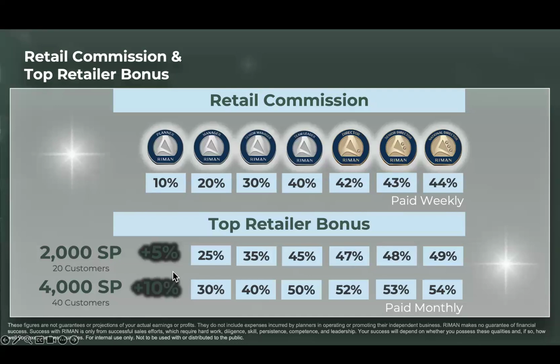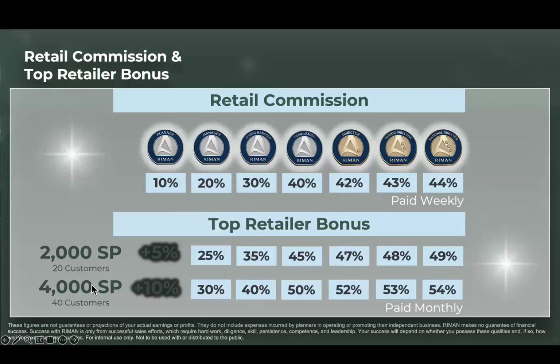And over time, right? Now this might not happen overnight, but the key is consistency, right? If you are consistent, you will get it. If you are persistent, you will keep it. There's a saying, right? So as long as you're persistent in the business and there's customers coming and going, the likelihood of your clientele growing over time, just because people want to take advantage of affordable luxury, they're saying over time, it is absolutely plausible that you can get to 4,000 SP in sales a month with about 40 lifetime customers.